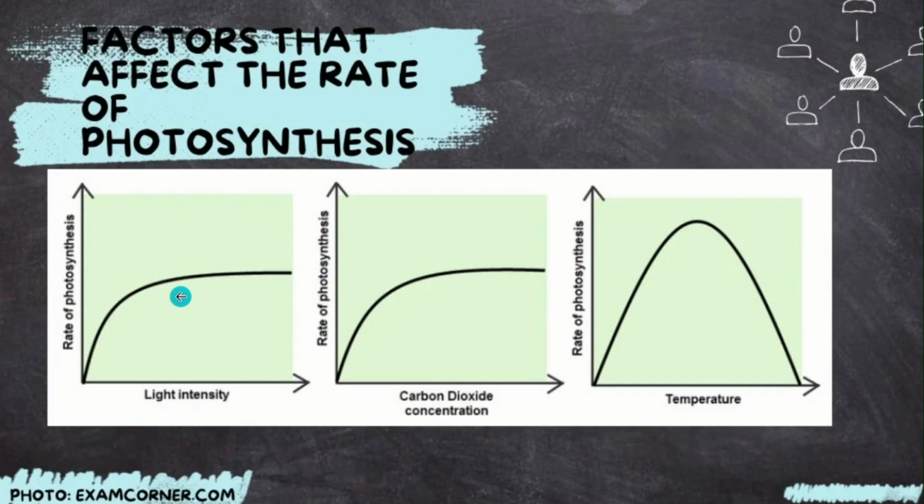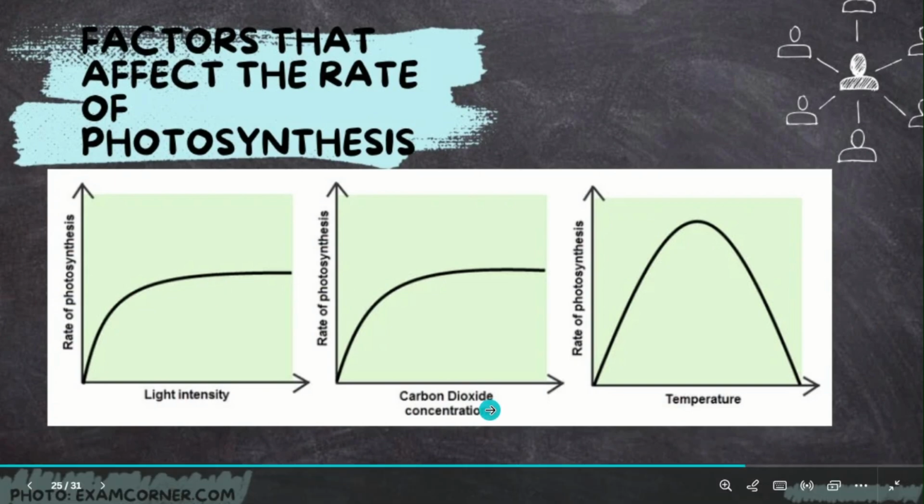That is the point where photosynthesis cannot go any faster. This also means that something else has become the limiting factor. Even though it's getting enough light, it gets short on carbon dioxide or gets short on water, something else starts to limit it and it cannot increase past this rate.